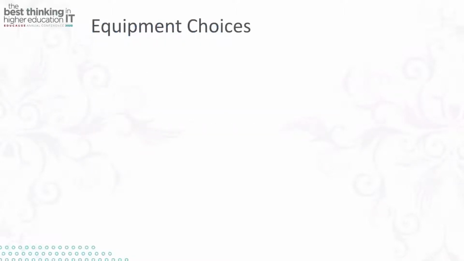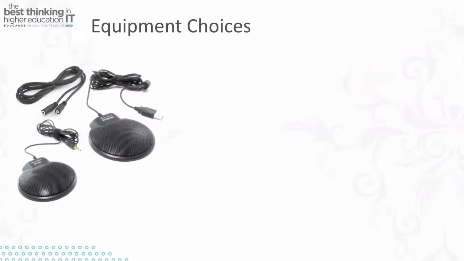Right. Now the equipment. So I'm going to have a listing of all the different types of microphones. Remember, this is a portable setup where an instructor brings it into the room, sets it up themselves. So we had different types of microphones.